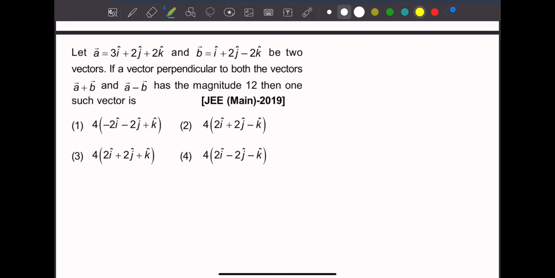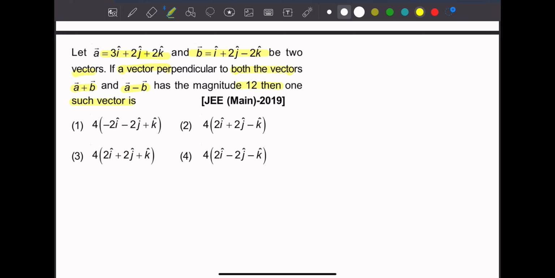Next question we have: a vector is given to us and b vector is also given. Be the two vectors. If a vector is perpendicular to both the vectors a vector plus b vector and a vector minus b vector and has the magnitude 12, then one such vector is what?